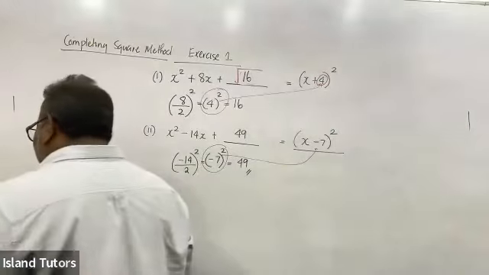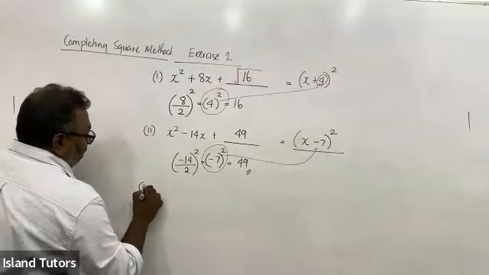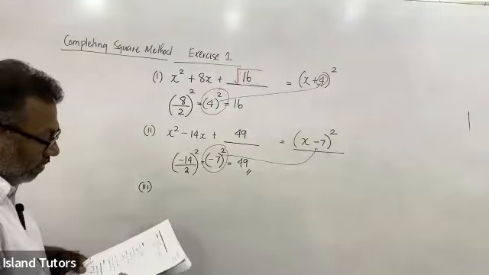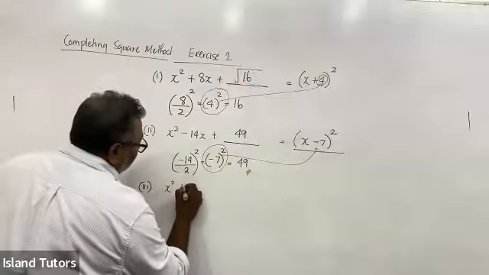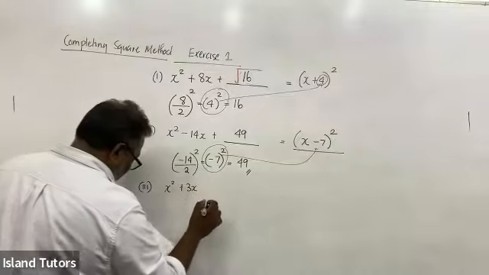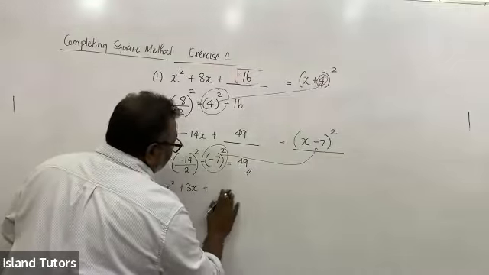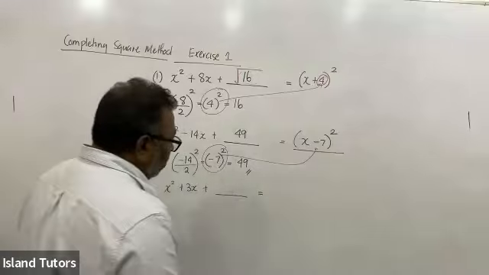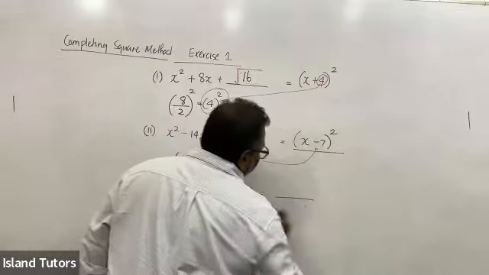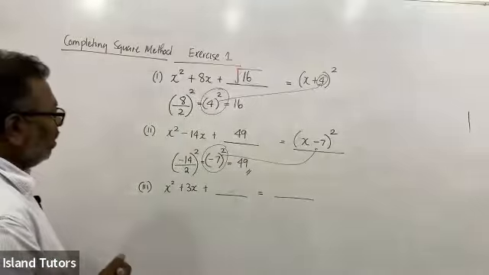Okay. Third question. They're saying x squared plus 3x plus blank is equal to blank again. So what is our rule?